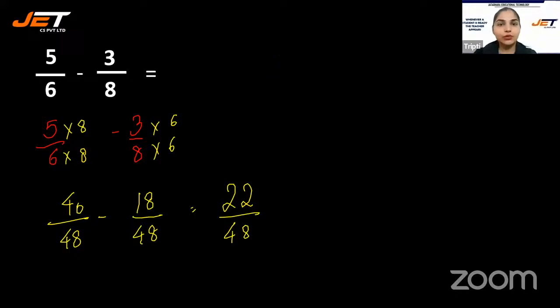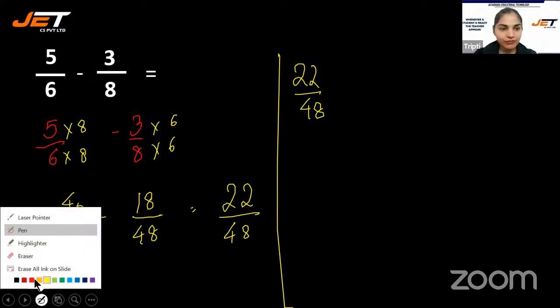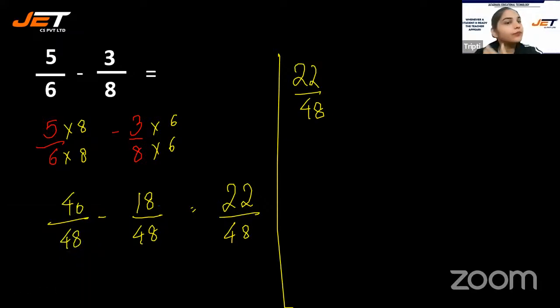Now, what we can do, dear children, here, we can reduce this fraction. How to reduce or simplify this fraction? We have already done that, but let me show you here. So I can write 22 as 2 times 11 and 48 as 2 times 24. 2 cancelled, it's 11 by 24.